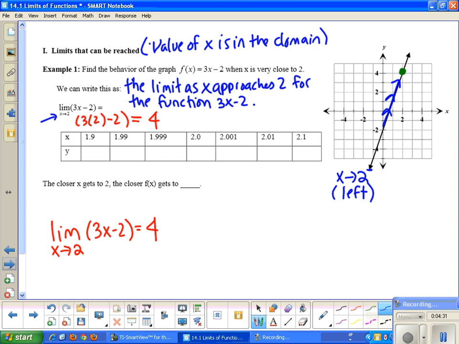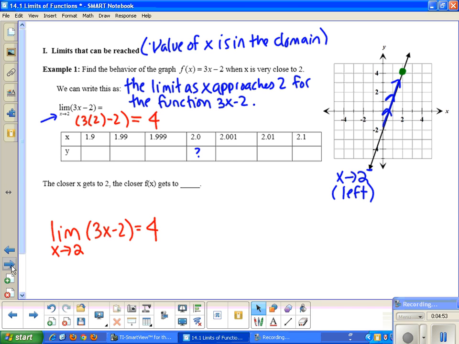When a limit doesn't exist, this is why we have to do this part. Values that approach 2 from the left are values that are less than 2, such as 1.9, 1.99, 1.999, and of course I could keep on going, but I'm not going to put in 2 because we're trying to find this value right here of 2.